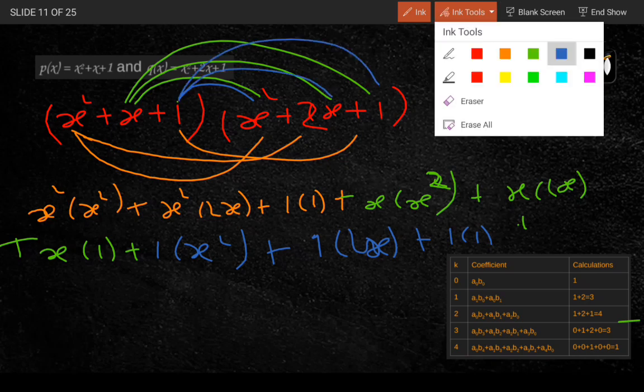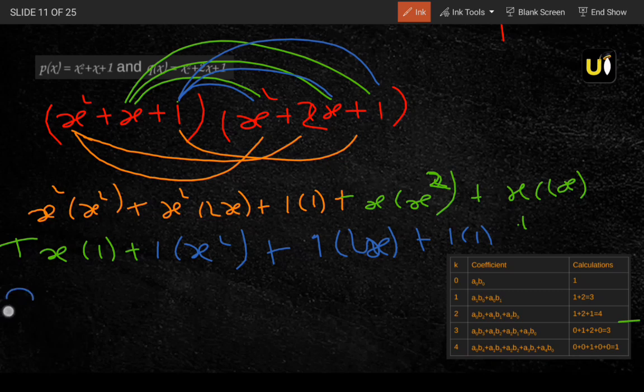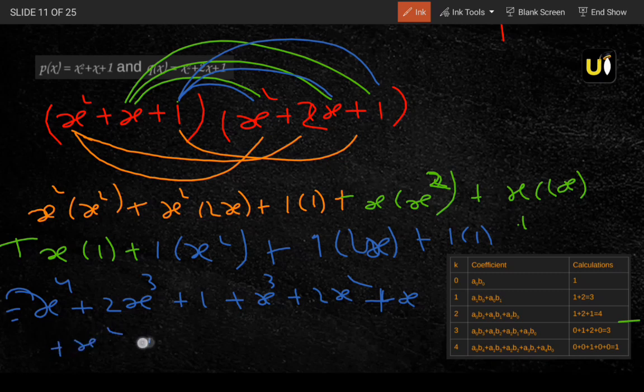Now by adding all these terms, we get x power 4 plus 2x cube plus x square plus x cube plus 2x square plus x plus x square plus 2x plus 1.